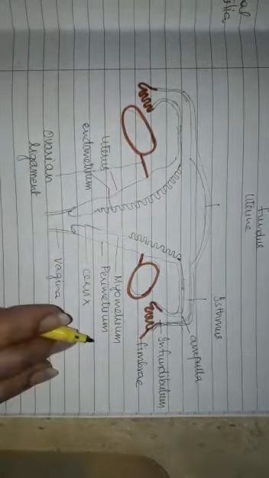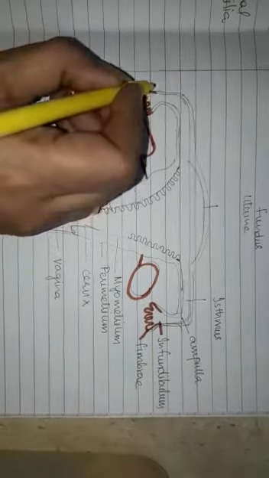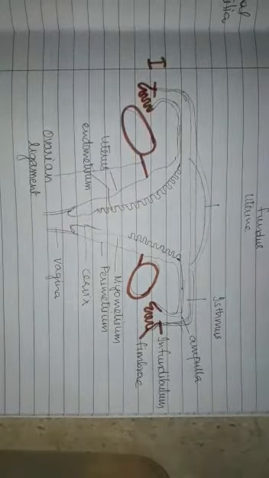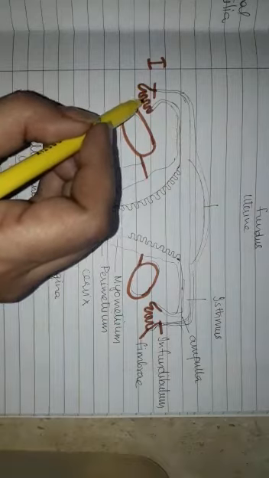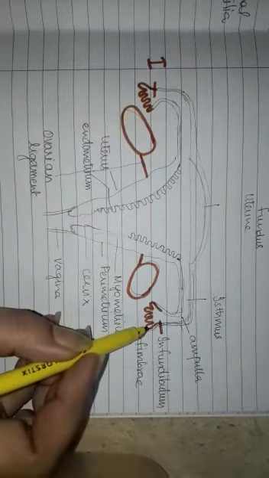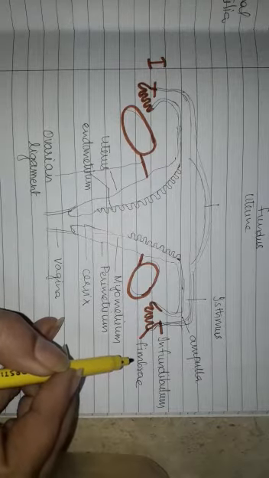This is the first part of the oviduct called infundibulum, which is funnel shaped, and at its margins it bears motile finger like projections. These finger like projections are called fimbri.